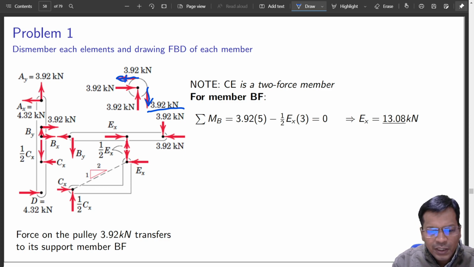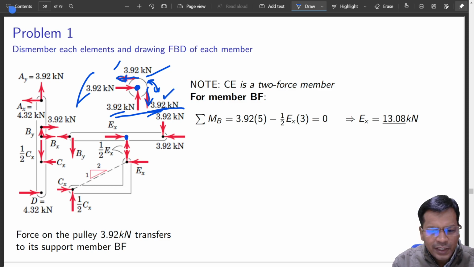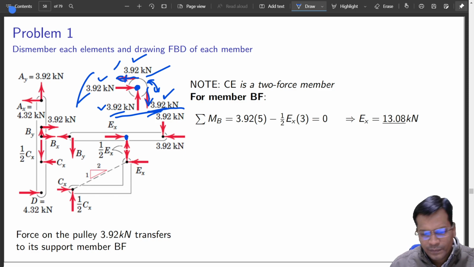Effectively these two forces have to be the same because it is not rotating in either direction. And because this pulley overall is at rest, the total horizontal force and the vertical force should be the same. So that is the reason this equals this equals this. That is where this E came in. This is the point E, and E also has the same force.